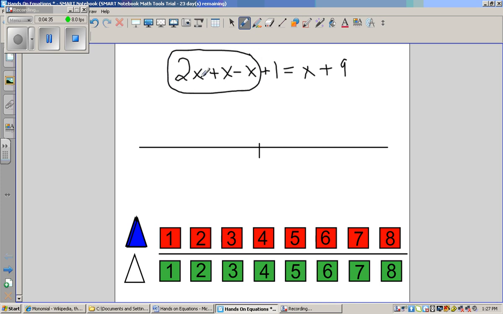Here we have 2x plus x minus x. When we combine those terms, what do we end up with? Well, 2x plus x would be 3x, minus x would actually leave us with 2x. So the plus x minus x just cancels each other out. So we can build it. Build it on your scale and solve.